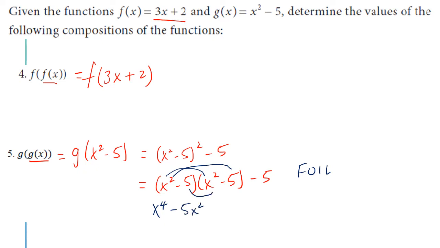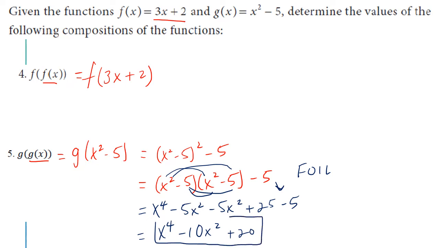Negative 5 times x squared gives us negative 5x squared. And negative 5 times negative 5 gives us positive 25. We're going to bring down our negative 5 that's already there. We're going to clean this up and simplify it. So that gives us x to the 4th minus 10x squared plus 20. That would be our composed function, simplified.